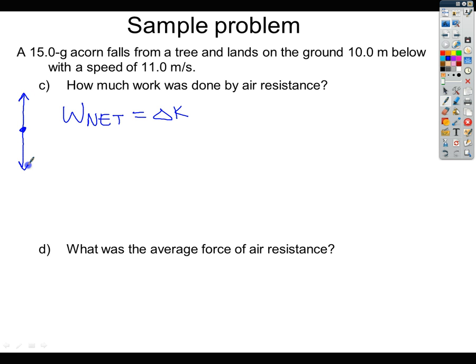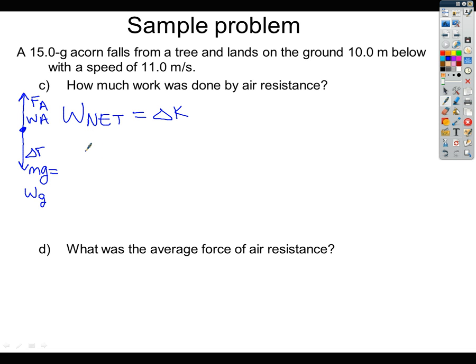We have the force of the air resistance, Fa here, which is opposite to the change in displacement. And we have mg on the way down, which we can also call the work due to gravity. So we've got work due to air resistance going up because of the force, and work due to gravity going down. Let's add the two together.